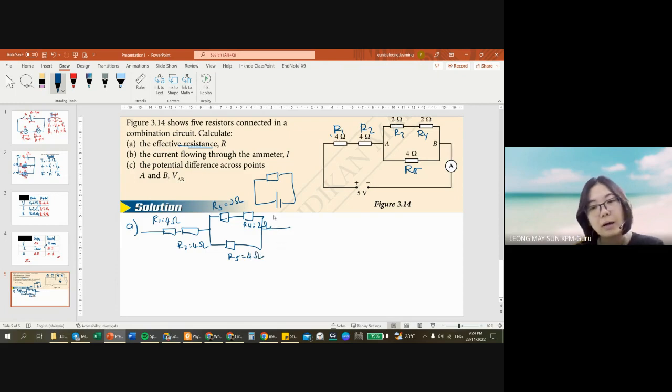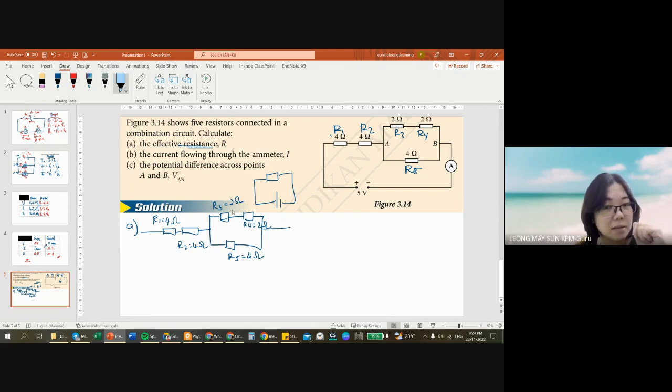Now, how do I change 5 resistors into 1? By simplifying the circuit. Some students memorize a method: simplify the ones in parallel first. But you cannot do that here, because the third and fourth resistors are in parallel with number 5.